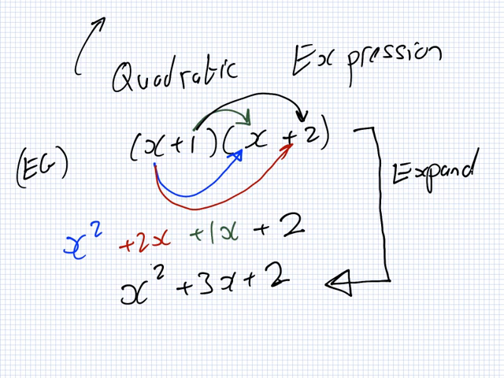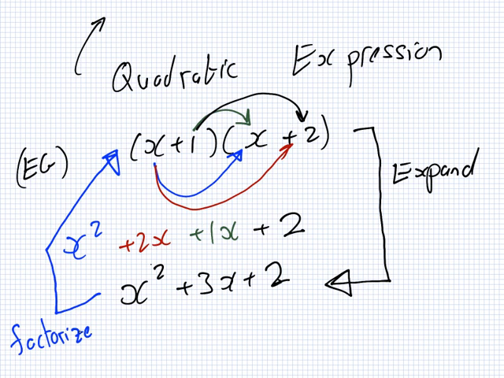Okay, so now the verb for going the opposite way, here, back to this. What's that verb? Factorize, the name of the lesson, yes. So this is factorize. So this is the verb.